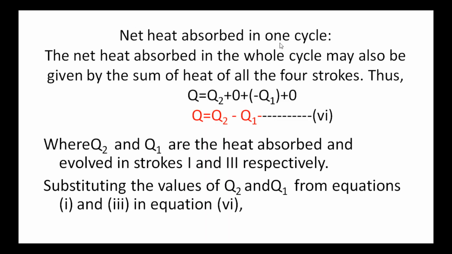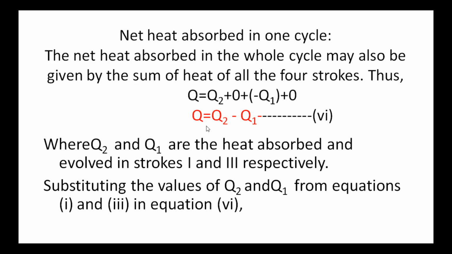Net heat absorbed in one cycle is calculated by adding all the heat terms. Thus Q is equal to Q2 plus 0 minus Q1 plus 0, because in the first step Q2 amount of heat is absorbed, and in the third step Q1 amount of heat is evolved. The second and fourth steps are adiabatic processes, so in these two steps no heat is absorbed and no heat is evolved.